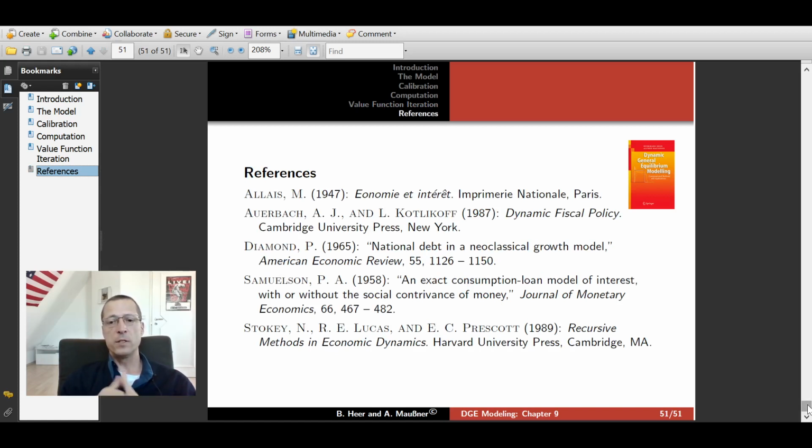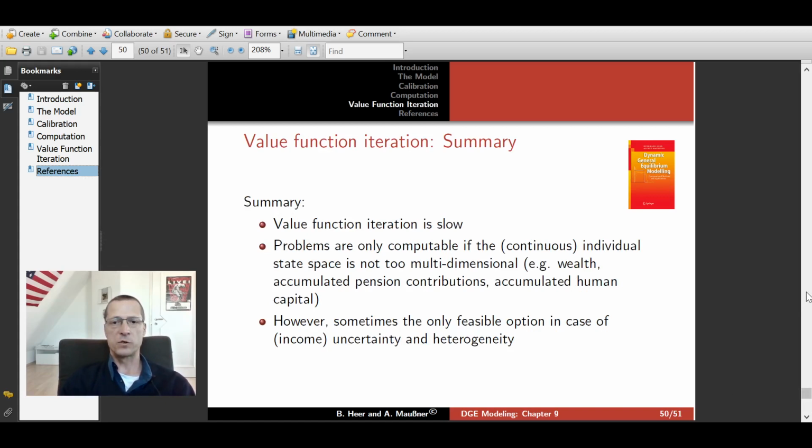Okay, so this finishes our consideration of the method, and now we go into the computer program, the MATLAB computer program and the GAUSS computer program, and describe value function iteration with the help of these programs that you can also download from my homepage.